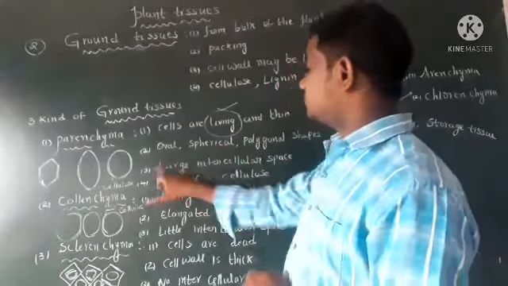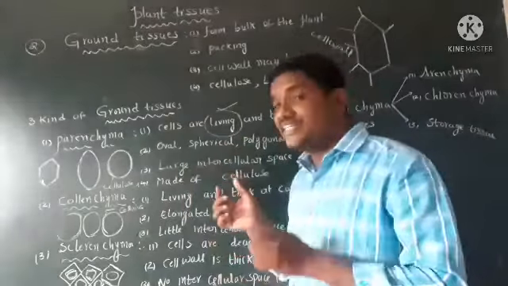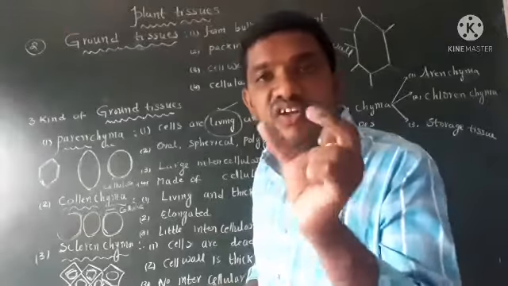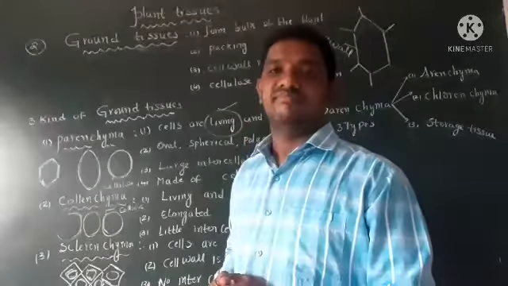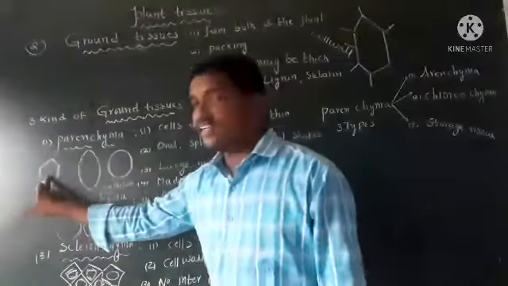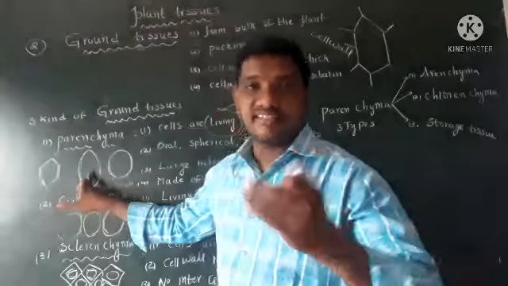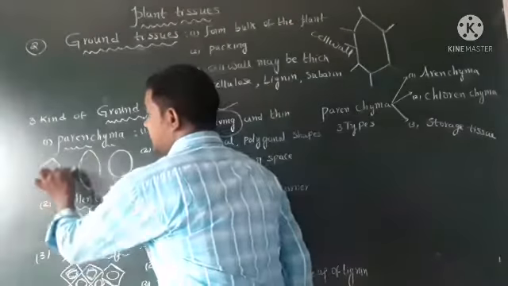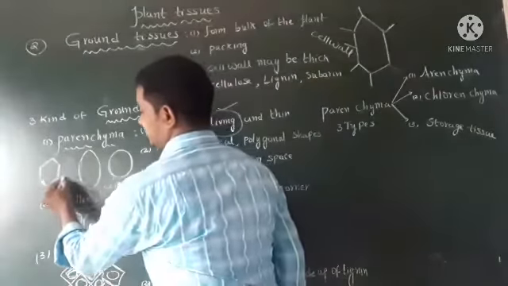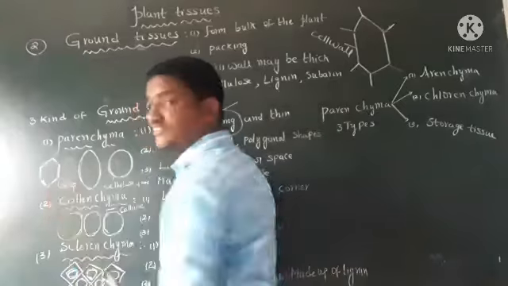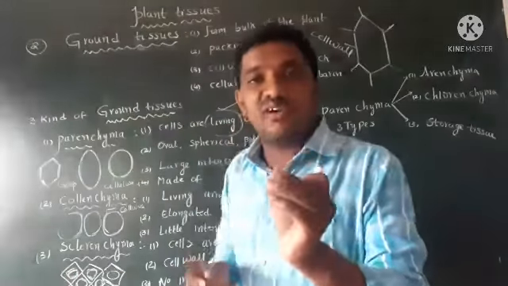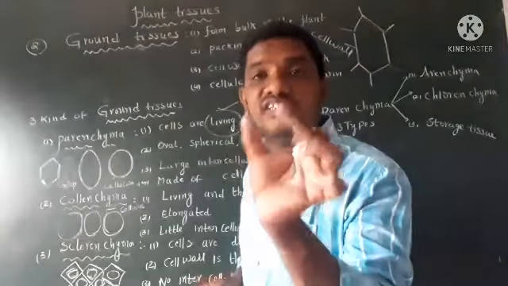Coming to the third point. Large intercellular space is present. What is intercellular space? See, this is one cell, this is another cell. The gap between two cells is called intercellular space.